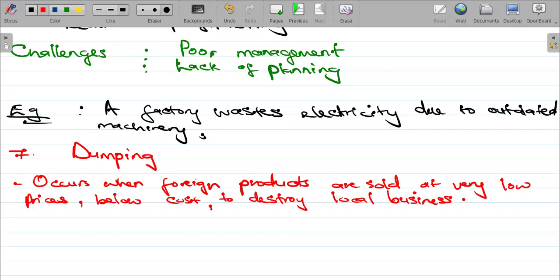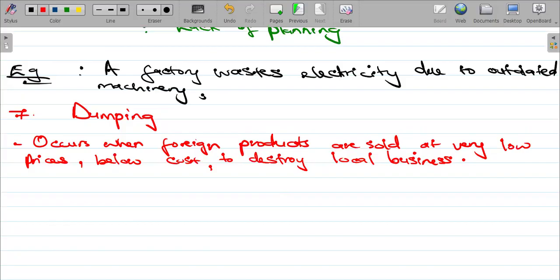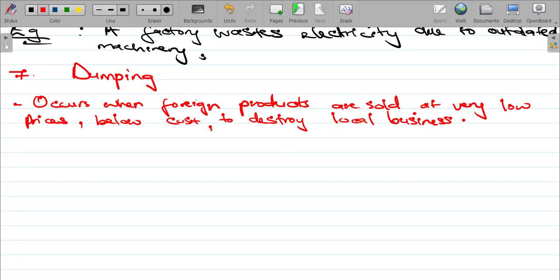Right. So how does it have an impact on the business? The impact of dumping on the business. So you can find that local businesses will close, right?